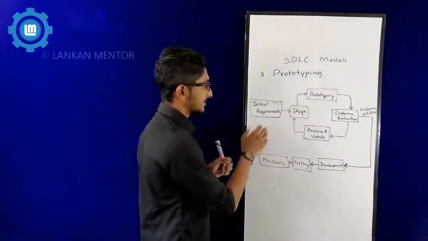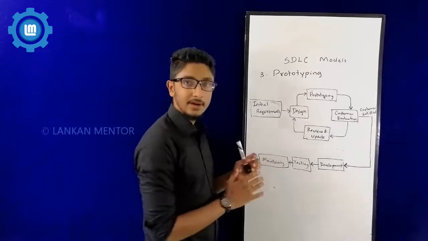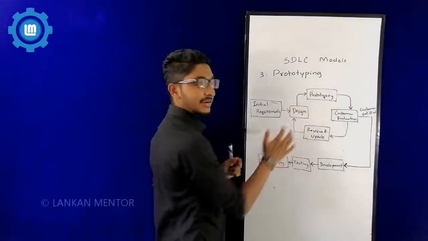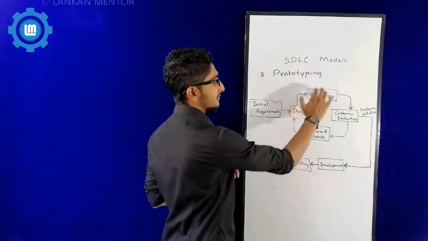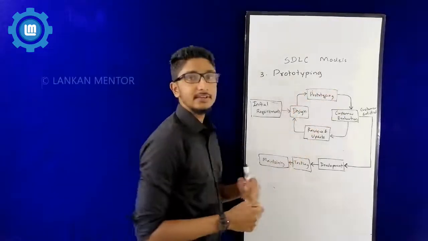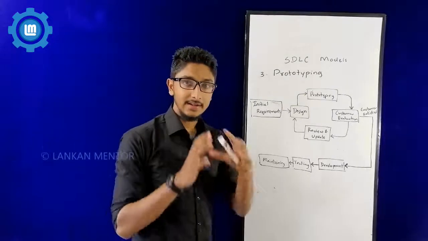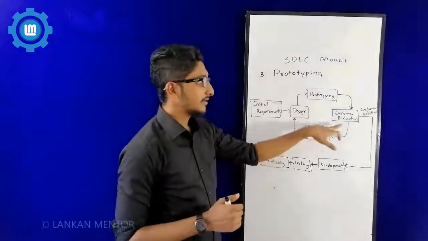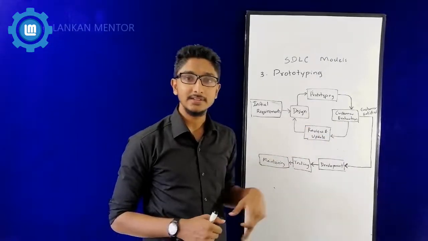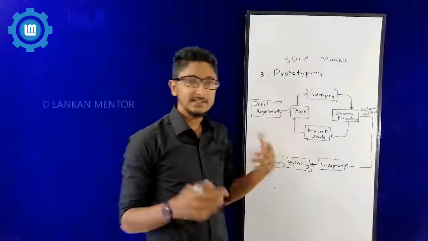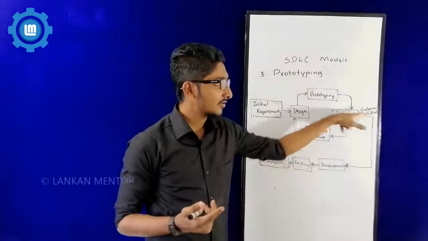So what happens is, you gather the requirements, design a dummy, create the dummy software and then show it to the customer for evaluation. If the customer is not satisfied, you don't go to the other step.